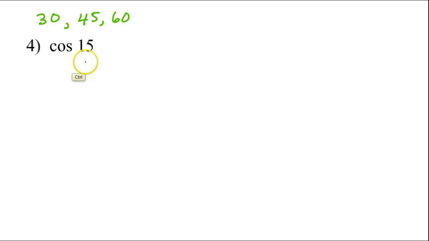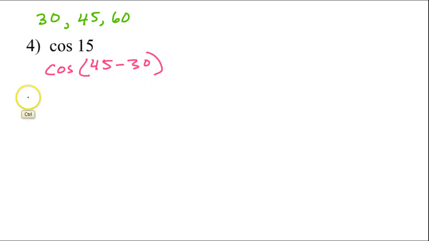For problem number 4, looking at the cosine of 15, how can I get the number 15 by either adding or subtracting 30, 45, or 60? Well, there's more than one way to do it, but one way is 45 minus 30. So this would be the same thing as cosine of 45 minus 30.